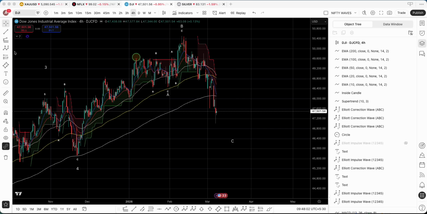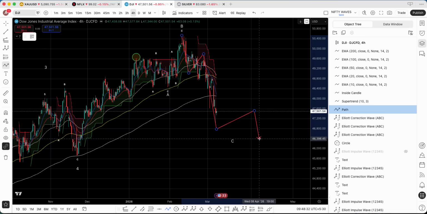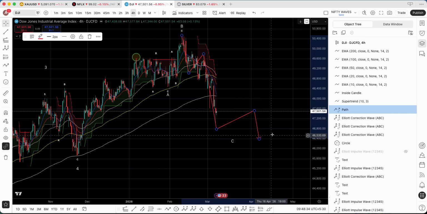So I'm just going to use the path tool for now. From here, 1, 2, 3, 4, 5, that would be your first wave, like so. Actually, it would be here, and your second wave would be here. Your third wave is still going, somewhat like this. Your fourth wave would go like that, maybe, and you would end up here.